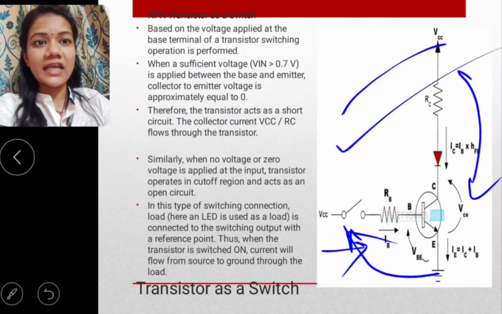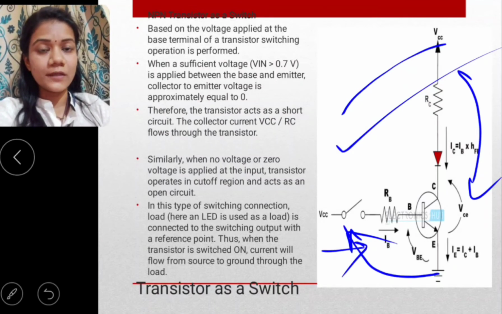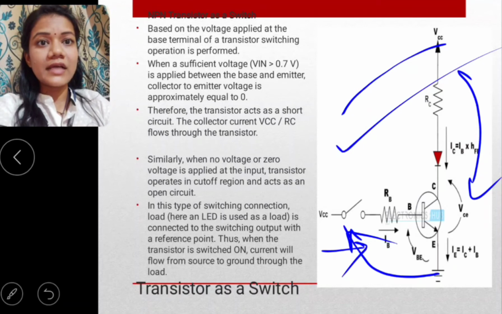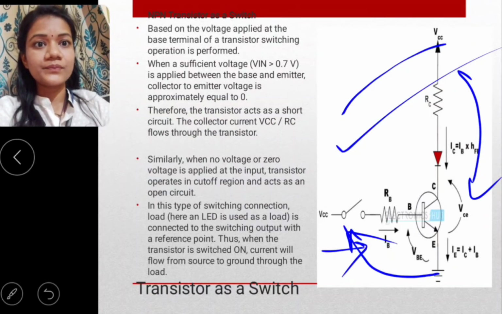Therefore the transistor will act as a short circuit, and the collector current VCC upon RC flows through the transistor. As Vin is less than 0.7, that is your applied voltage is less than 0.7, the collector to emitter voltage is approximately 0. So your transistor will act as a short circuit.